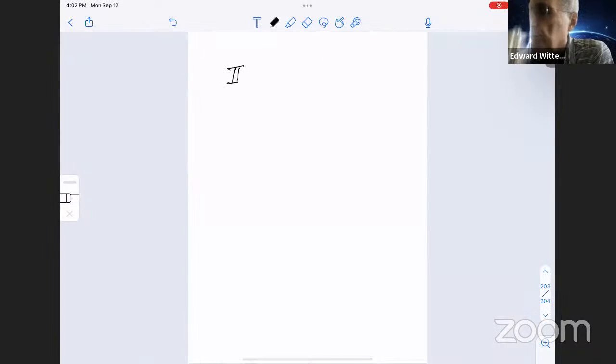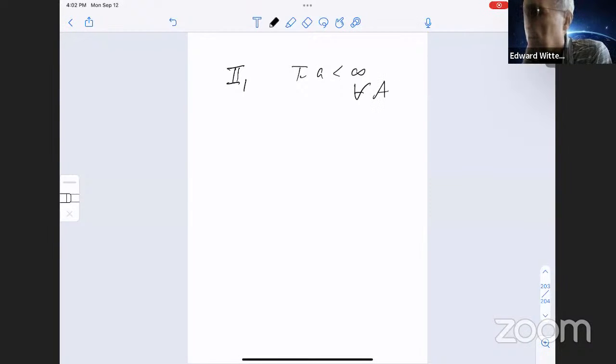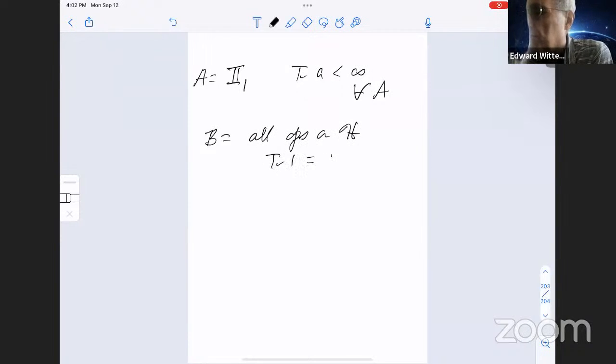What I explained in the lecture was a type 2-1 algebra, in which the trace is less than infinity for all A. I think I forgot to say something I'd meant to say. If we take all operators on a Hilbert space, that has a trace, but the trace of the identity is infinite.